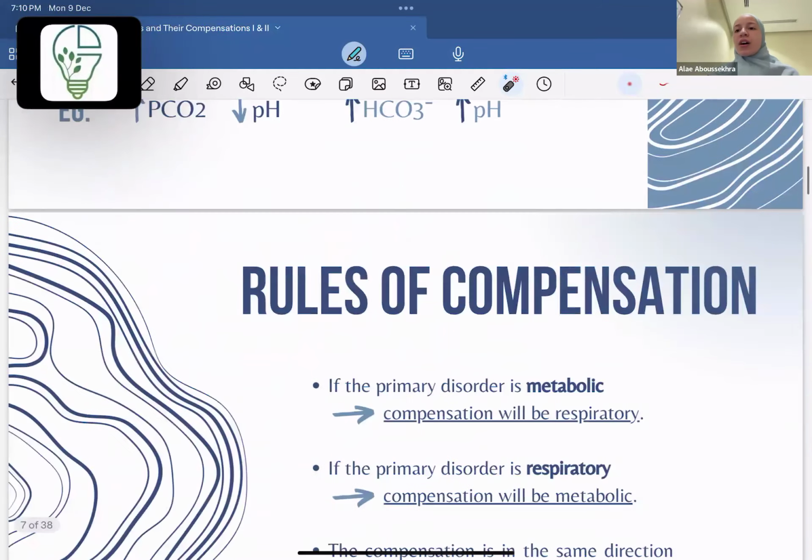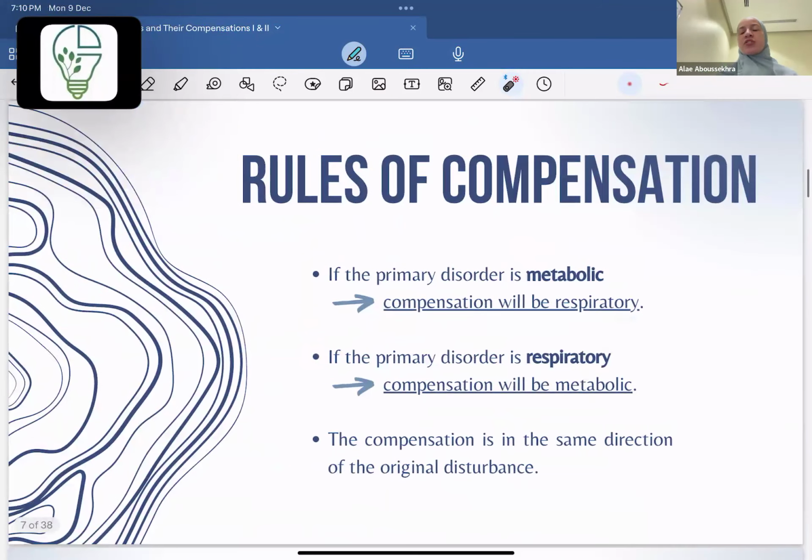The rules of compensation. These are very important rules that you need to know. When you get a disturbance in your pH, the body wants to compensate because it wants to maintain homeostasis. Compensation doesn't happen just any way. There are some rules that compensation needs to follow.